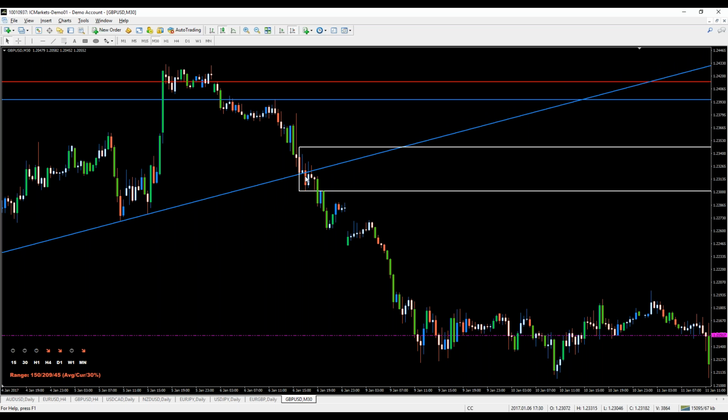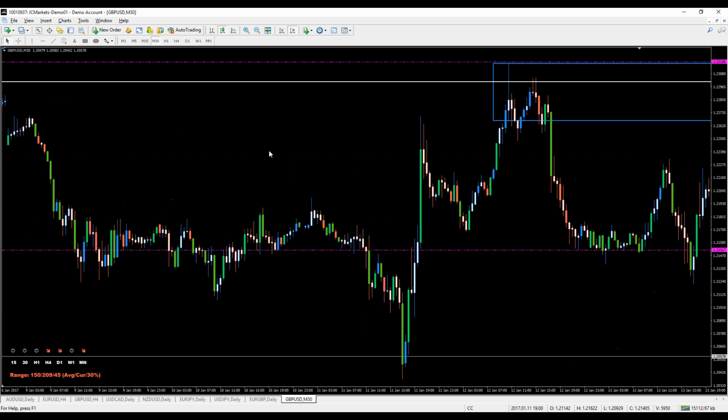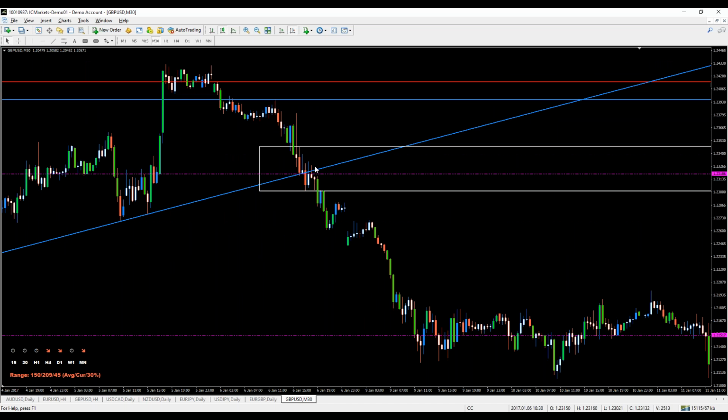It broke, and here you can see, this is very, very small, but price sold off, we accumulated, we sold off, and then we went up, we stabbed into this accumulation, and then price went down. So we would go here. You can see roughly, yeah, it's pretty close. If that would have been your entry, you would have missed it by a pip. But you can see pretty clearly in here what happened.